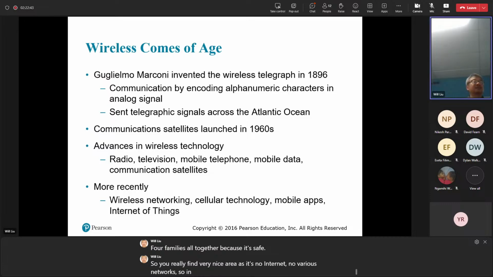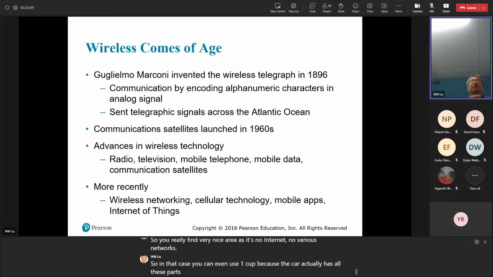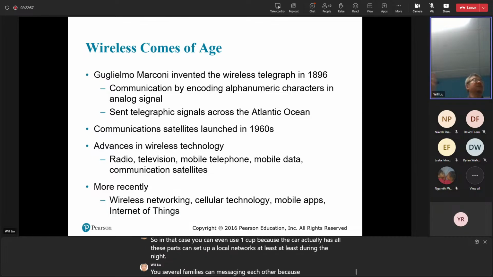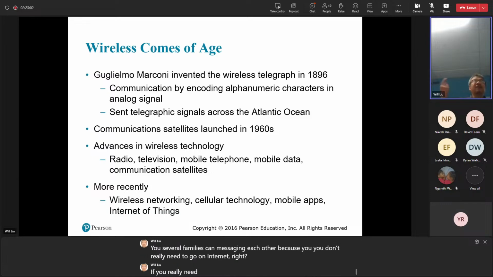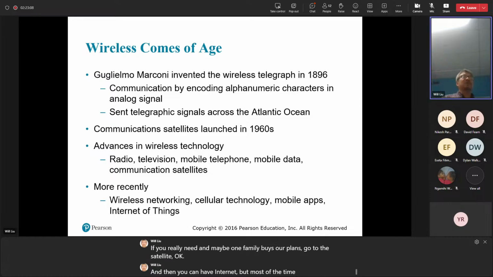In that case, you can even use one car, because the car has all these parts and can set up a local network. At least during the night, several families can message each other, because you don't really need to go on the internet, right? If you really need it, maybe one family buys a plan for the satellite, and then you can have internet. But most of the time, you're traveling.